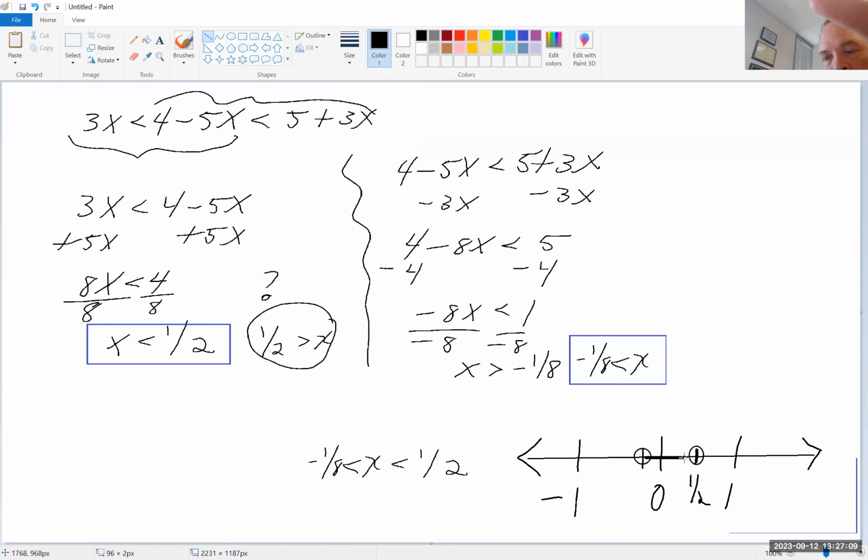That goes from here to here. And the only thing I want to do is show the -1/8, and maybe erase some of the inside if it erases. And that's my solution.